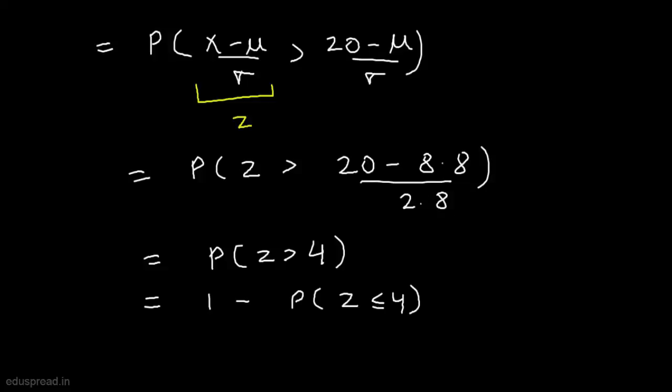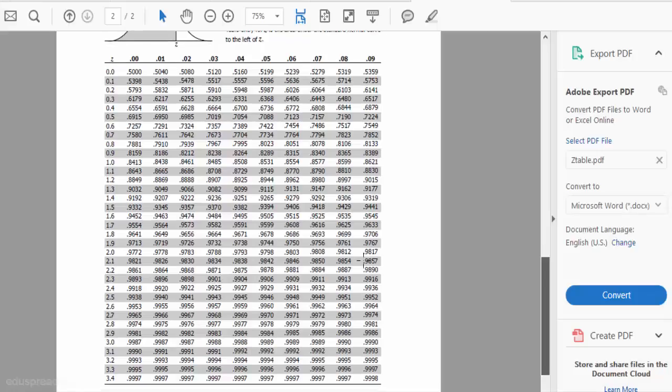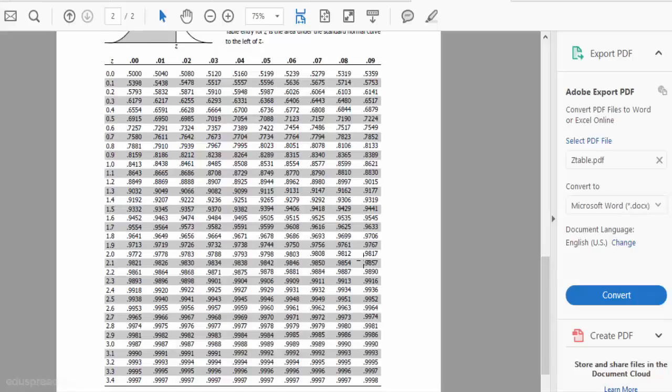Now let's find the value of this probability by looking at the standard normal table. This is a standard normal table, and as you can see, the maximum Z value that we have in this table is 3.49. And when Z is equal to 3.49, the cumulative probability associated with it is 0.9998. And as you can see, this probability is increasing as the value of Z is increasing.